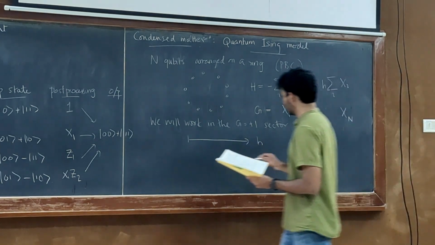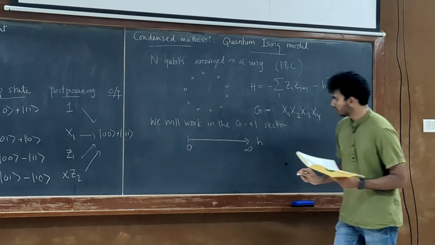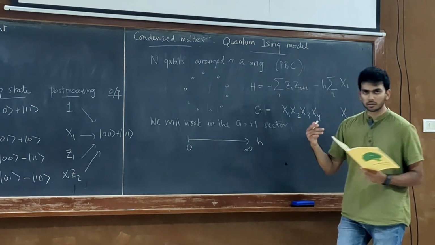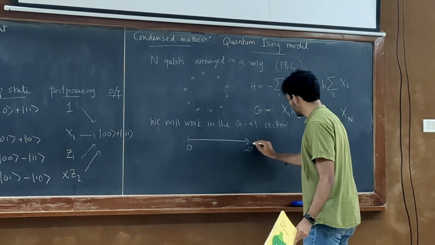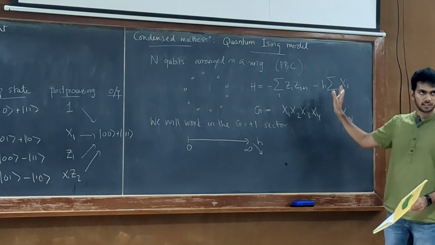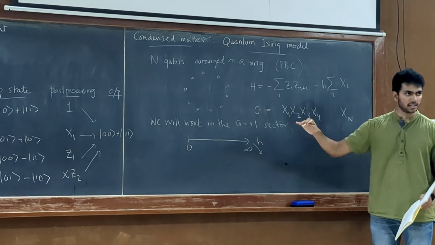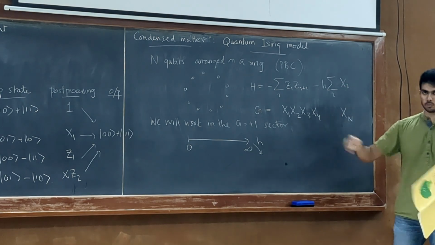Okay. So this is h equal to 0. This is h equal to infinity. Then let's look at what the ground state looks like at each of the two ends. Okay. So let's look here. When you have h equal to infinity, this term is dominating. This term you can ignore. Basically, this term is dictating what the ground state should do.